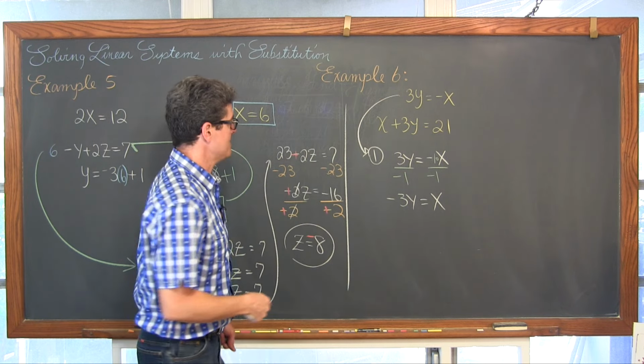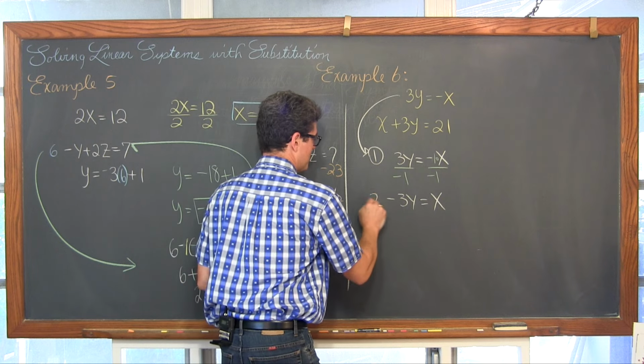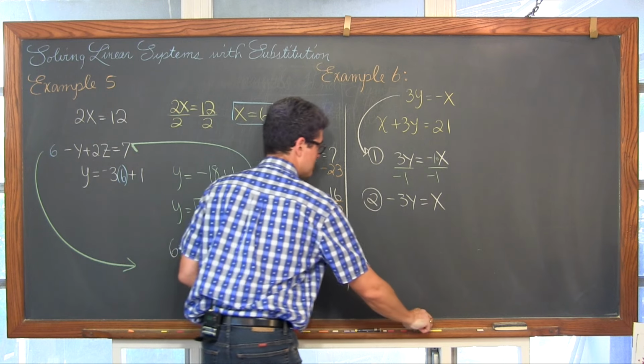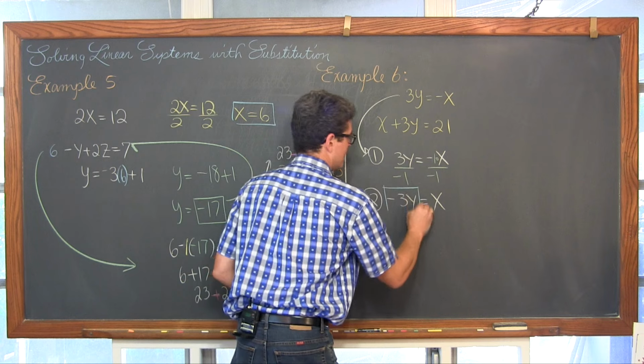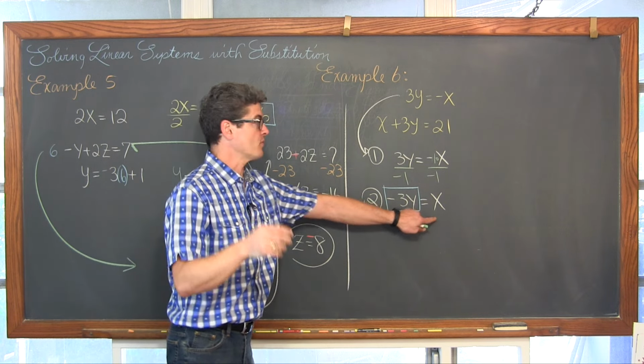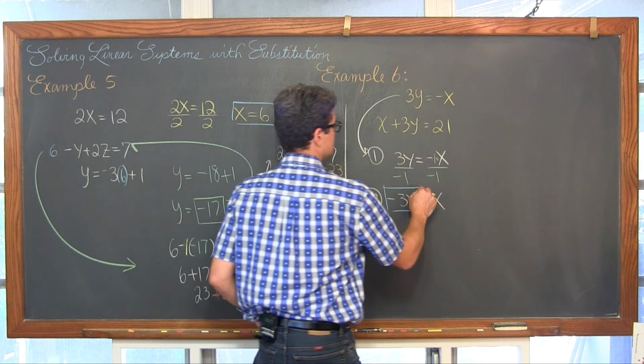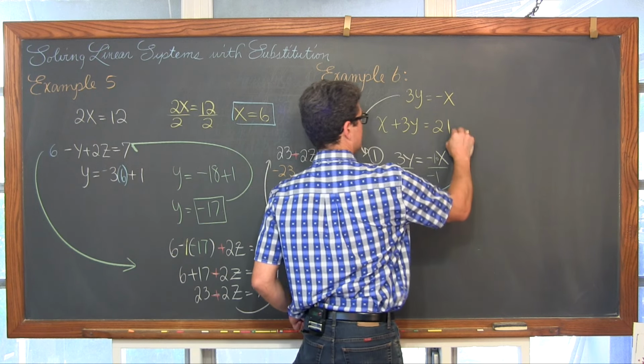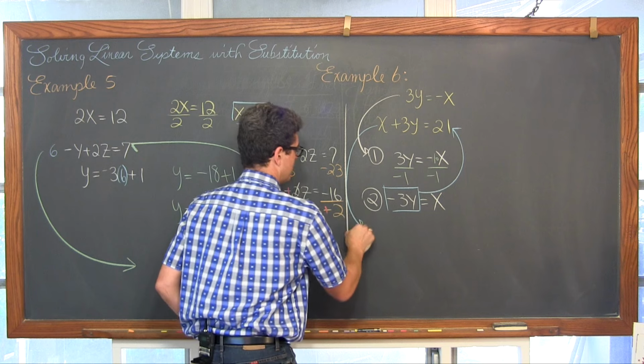And you've seen this many times now, so let's just pick up the pace a bit. We've got x is equal to negative 3y. Now that we have that one equation solved for one variable, it is going to go into the other equation, which we have not worked with yet.